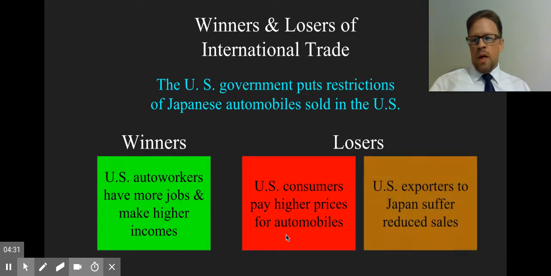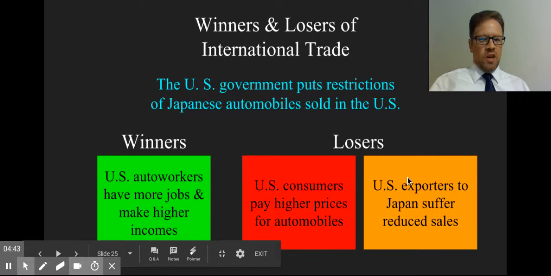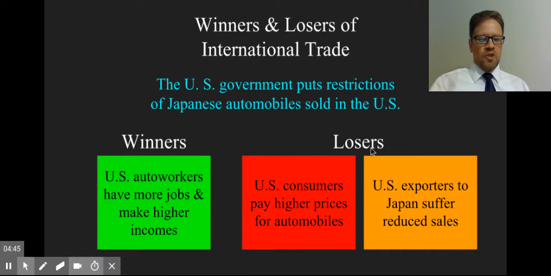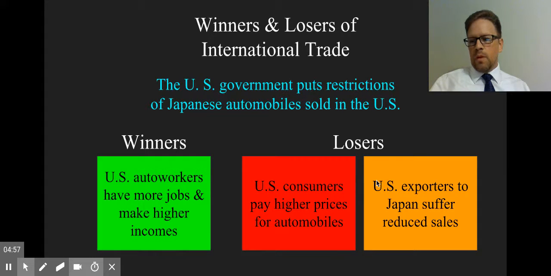And also, American exporters to Japan may also then suffer reduced sales since Japanese consumers have less to spend on U.S. goods. So, like if you're an Expo dry erase marker company, you want to sell your Expo dry erase markers to Japan, but they are working in a Honda factory that can't sell Hondas to the US anymore, so they might have less money to spend on your Expo dry erase markers.